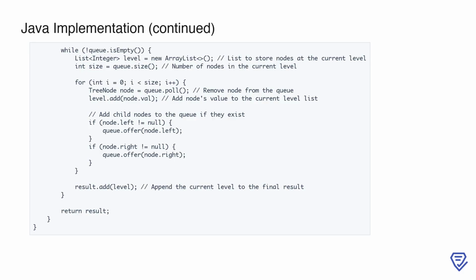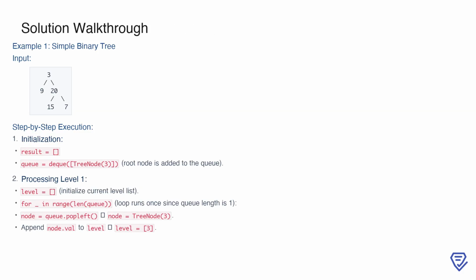Similarly, if it has a right child, we add that to the queue as well. Once all nodes at the current level are processed, we append the level list to the result list. This process repeats for all levels of the tree. Finally, when the queue is empty, meaning we've traversed the entire tree, we return the result list containing the level order traversal.